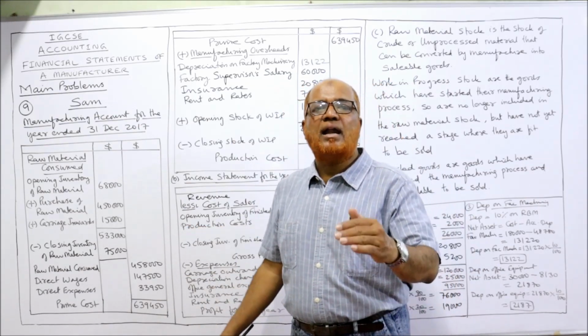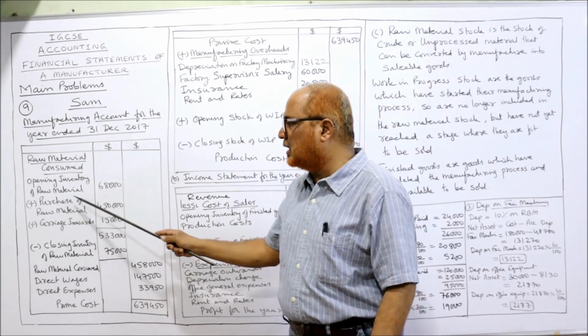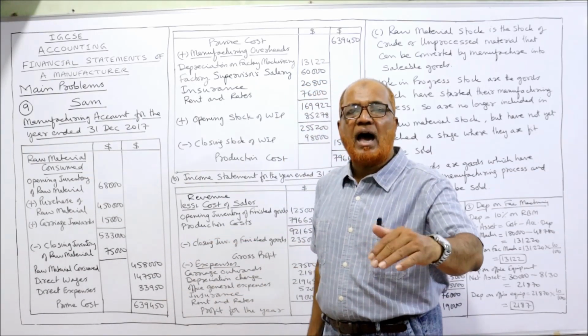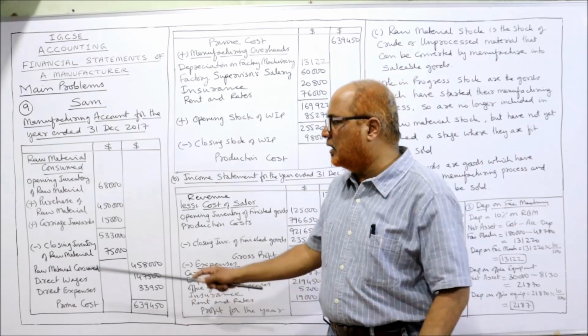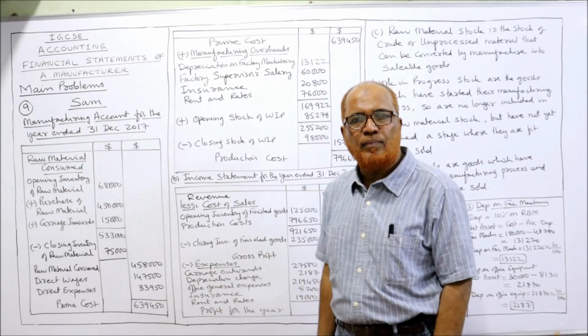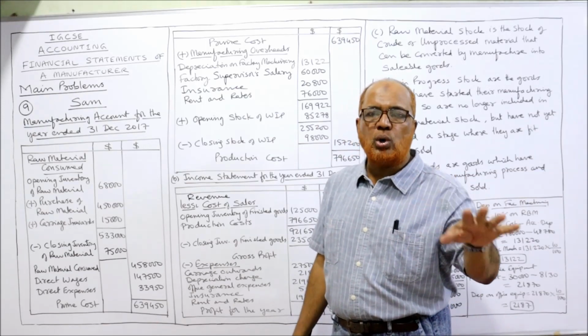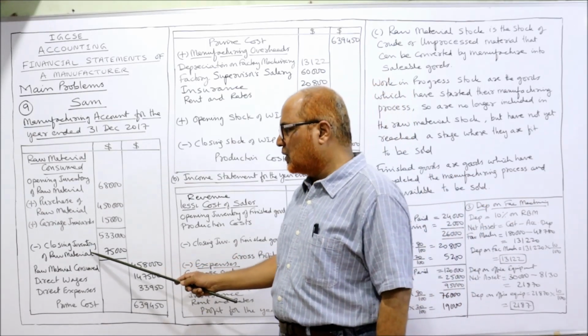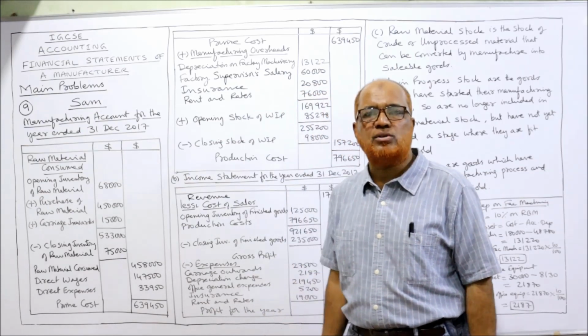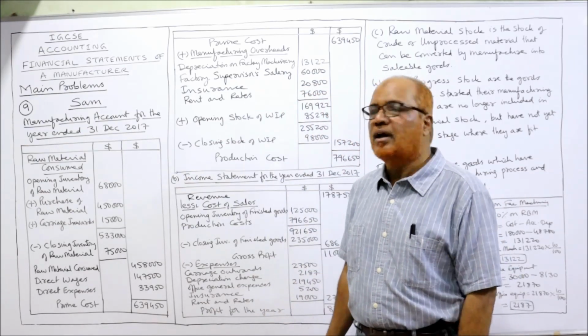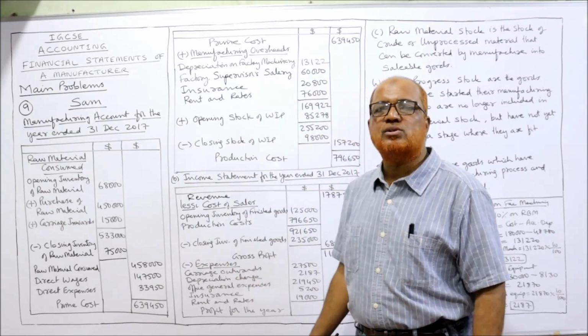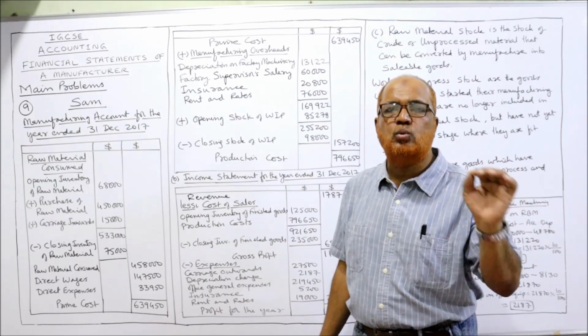To this we add purchase of raw material, 4,50,000. We add carriage inward, that is 15,000. That's all. Take the total of these three, 5,33,000 minus closing inventory of raw material. Closing inventory of raw material 75,000 given in the last paragraph. Deduct 4,58,000 is the raw material consumed.